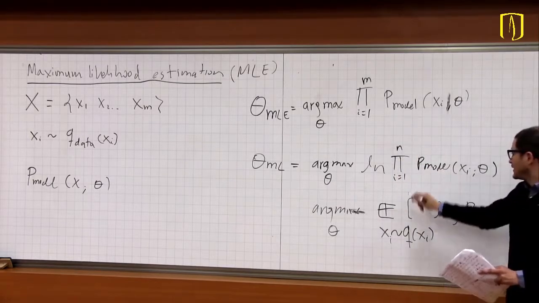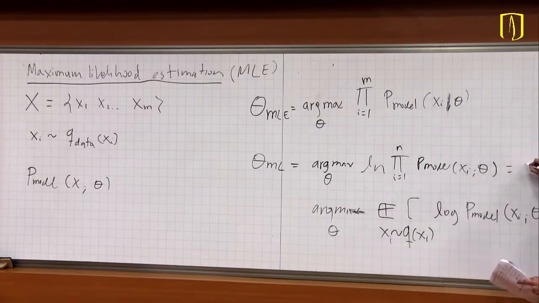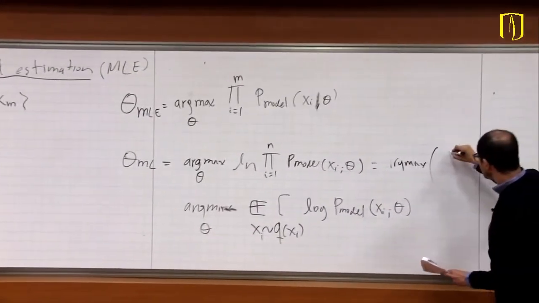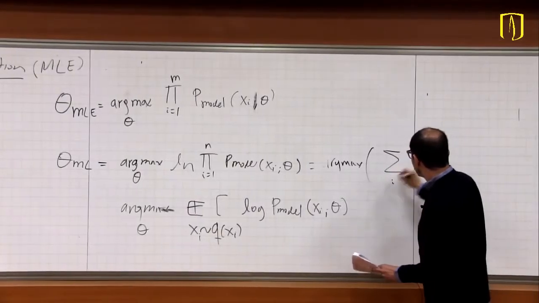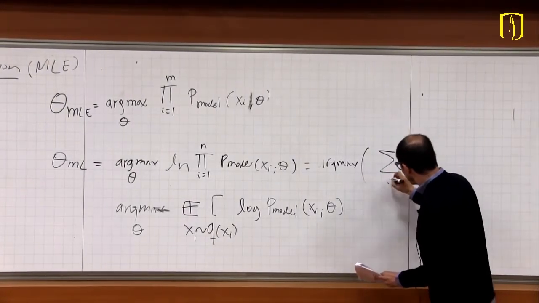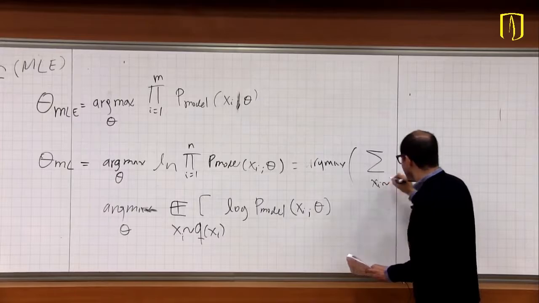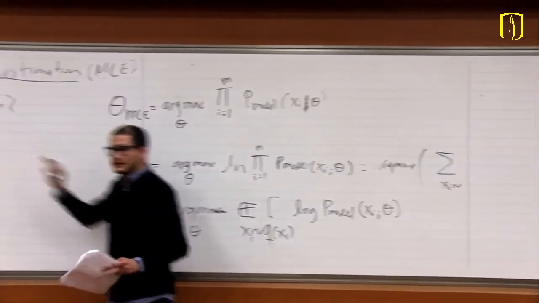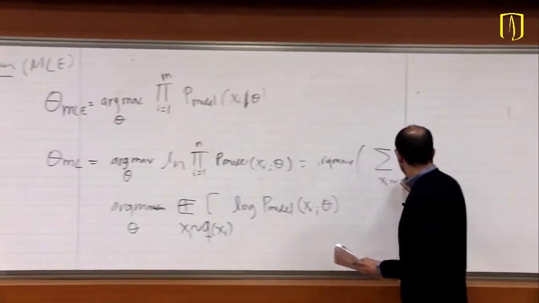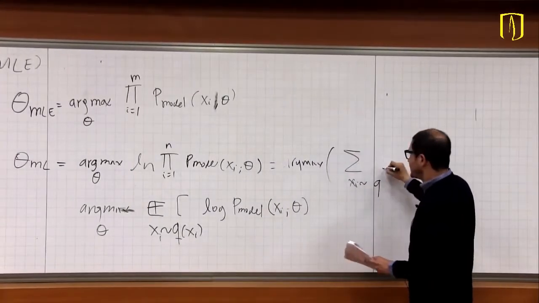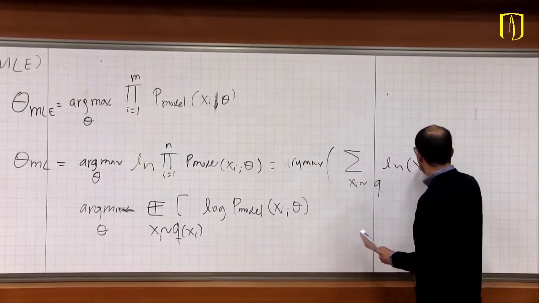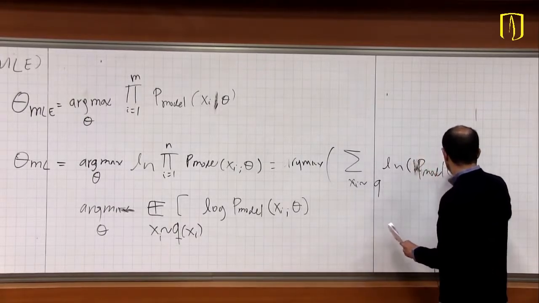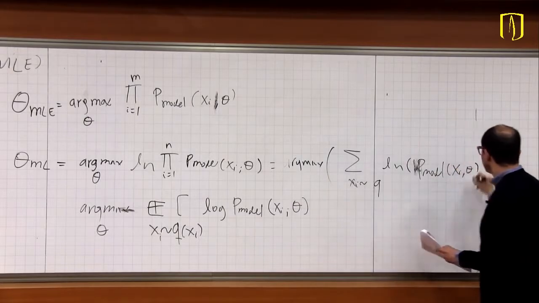So, arg max of the sum over i of log of p model of xi and theta, where this xi is distributed according to the original distribution q.